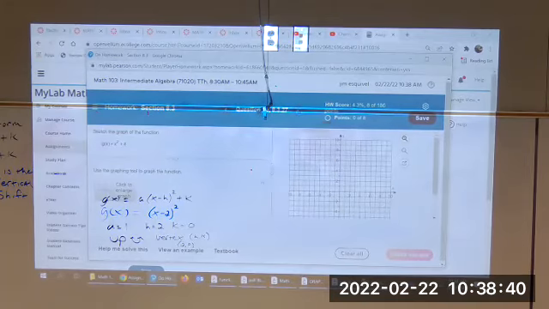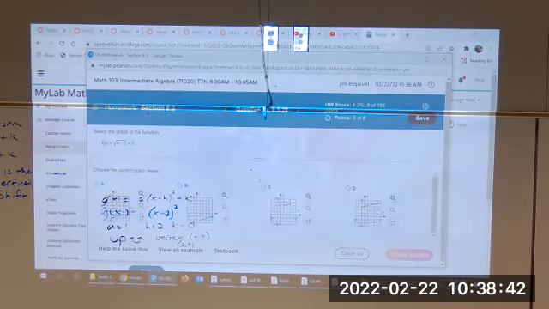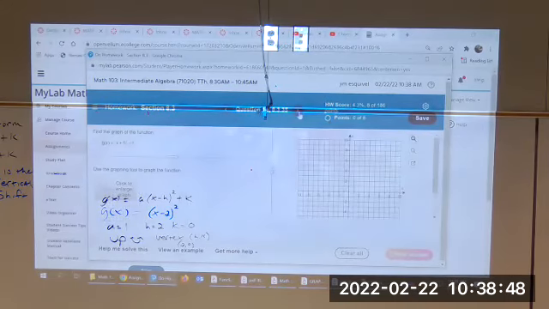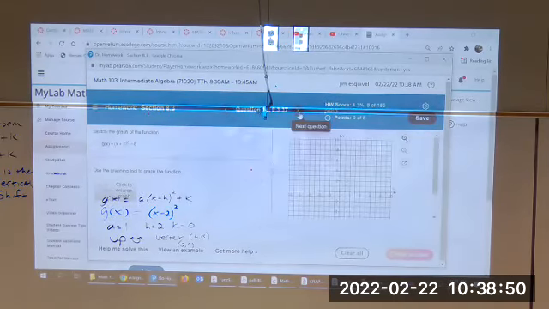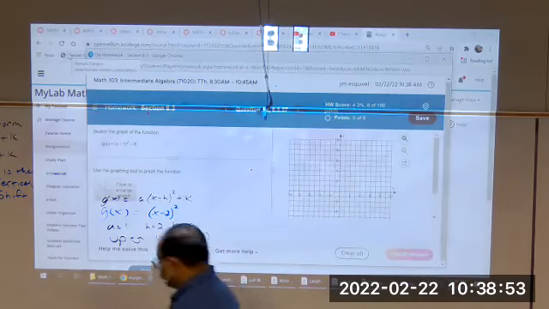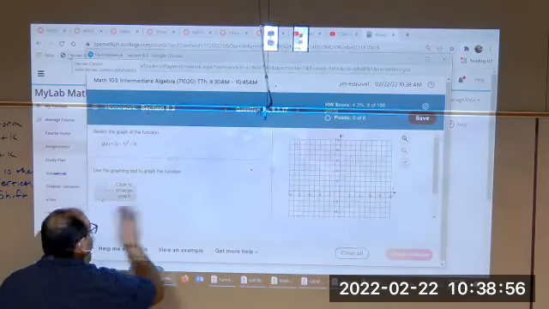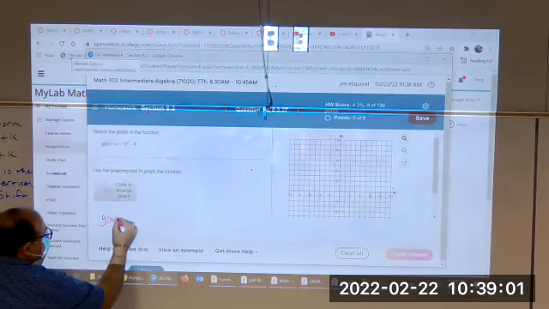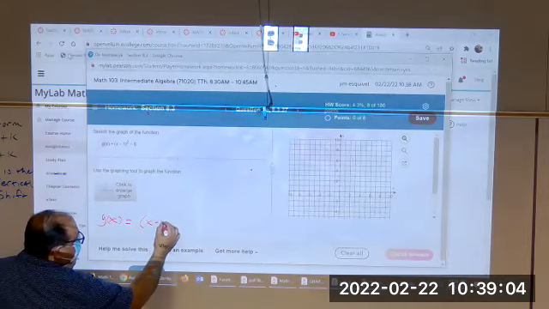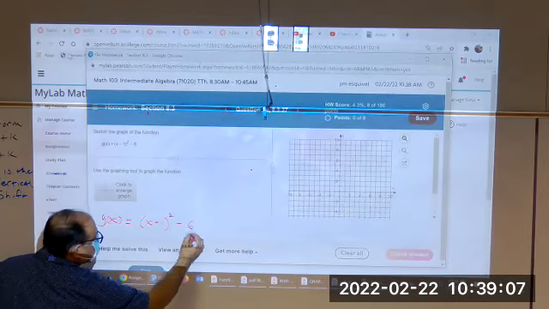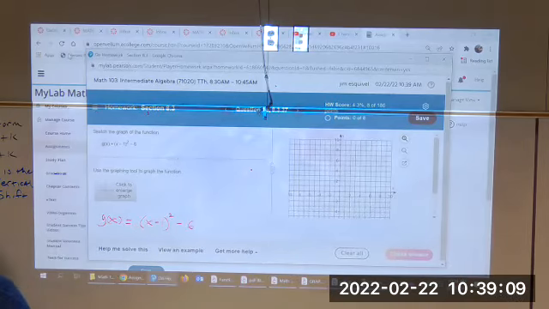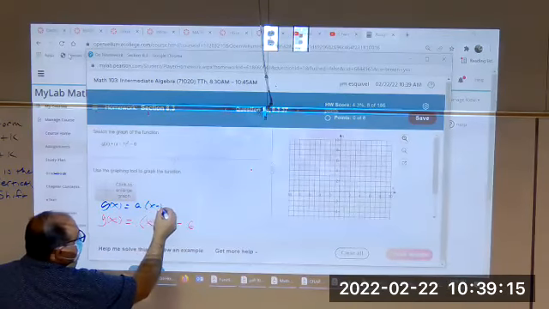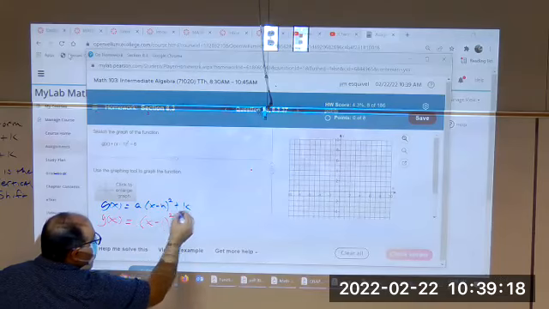Let's see if I have one of these here. There we go. So we have g of x equals parentheses x minus 1 squared and then minus 6. Matching up with g of x equals a times x minus h squared plus k.